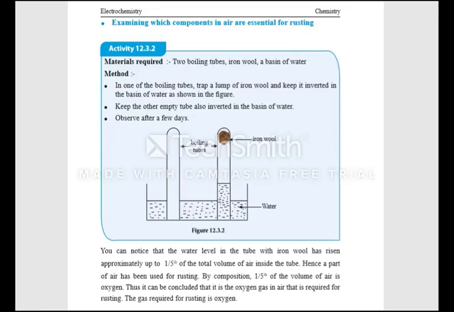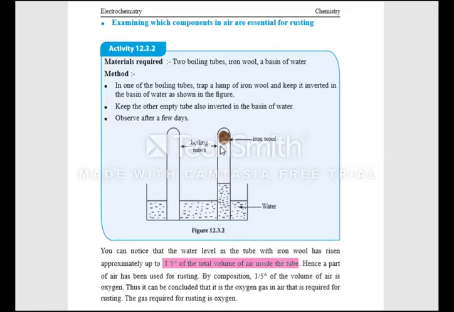So the observation would be that the water level in tube B with the iron wool has risen, and the value to which it has risen inside the boiling tube has to be noted. It's going to be about 1/5 of the total volume of air inside the tube. At the beginning, when you inverted this boiling tube, there was a certain volume of air inside it.